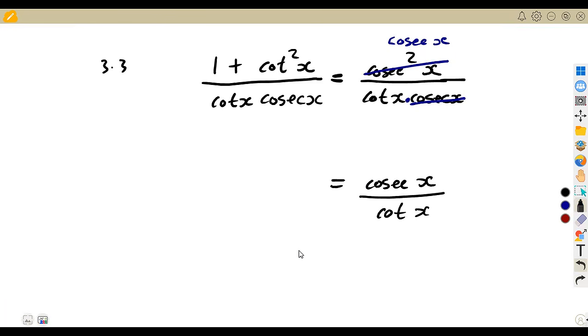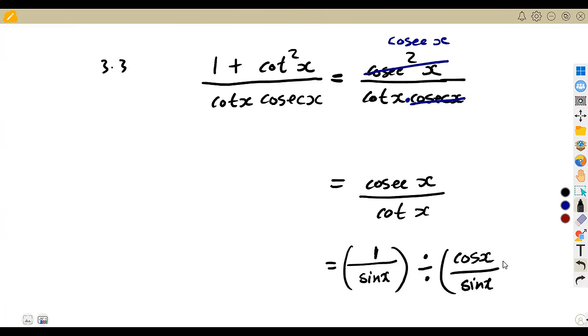So that's where we have to think of the equivalent ratios that we had from our N3. Remember, the cosec of x is the same as 1 over sine of x. And cot x is cosine of x over the sine of x.